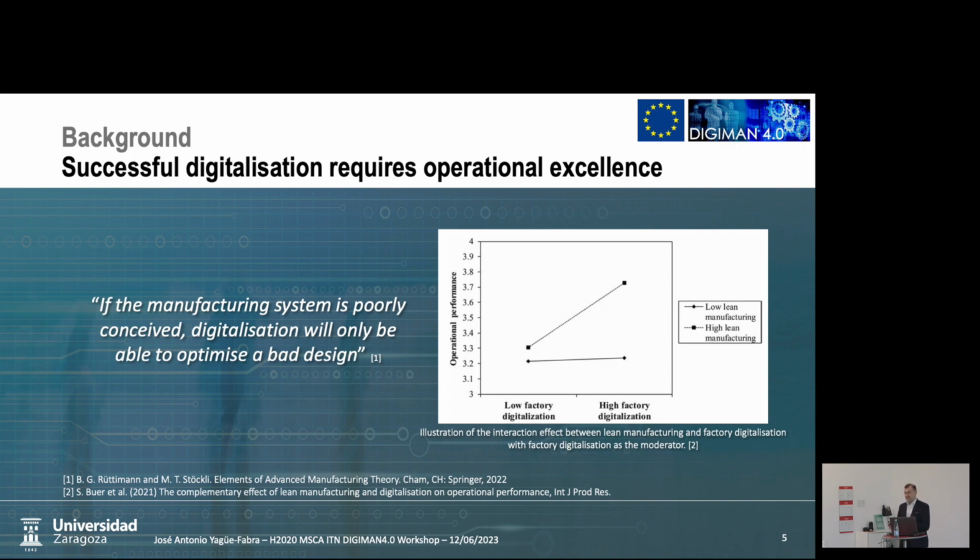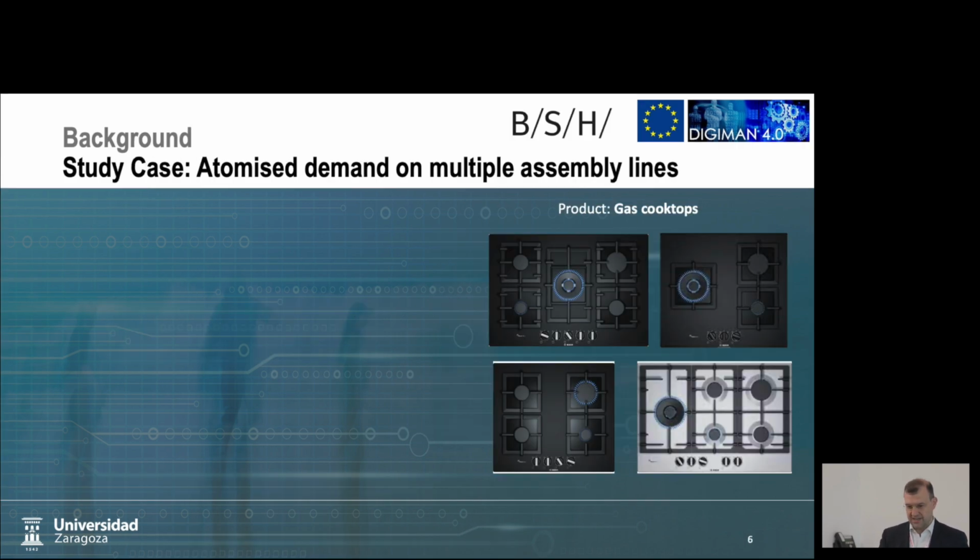So what we are saying actually is that before applying these methodologies and techniques, we should probably take care of the production type. If we are applying Lean, we should apply Lean really well before introducing these digitalization tools. And this is what we also saw in our case.